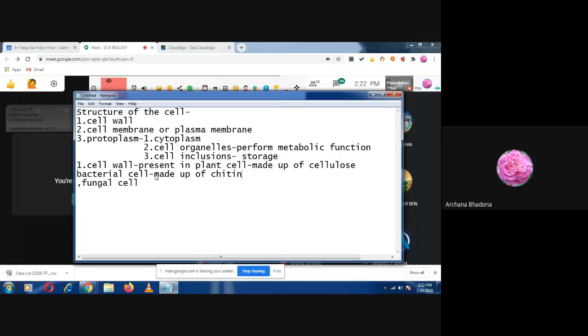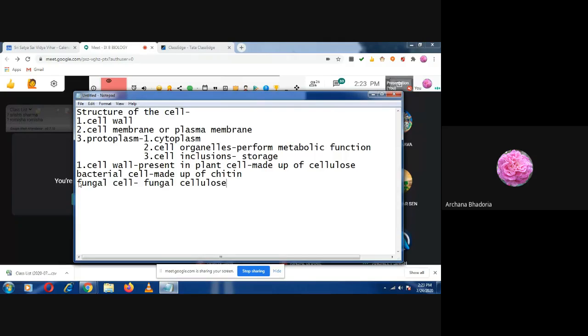Bacterial cell wall is made up of chitin or pectin, and the fungal cell wall is made up of fungal cellulose. So these are the different types of carbohydrates, children.